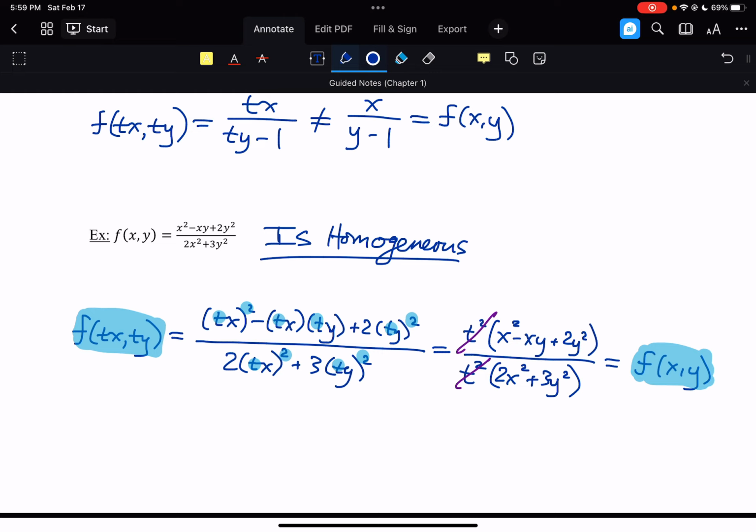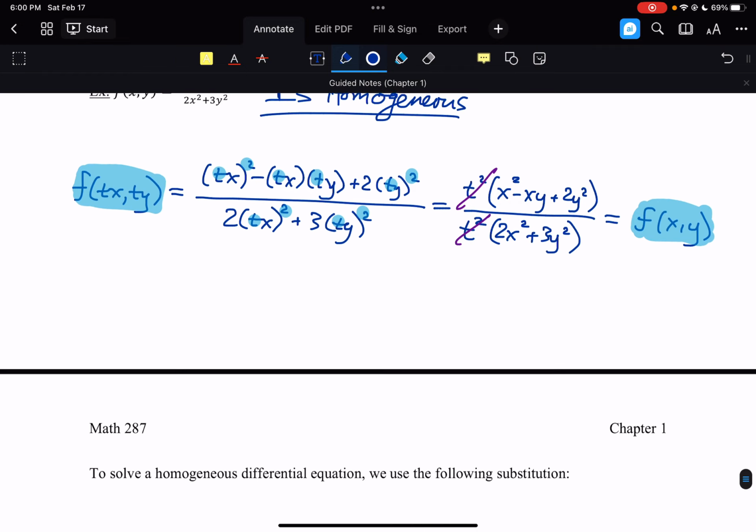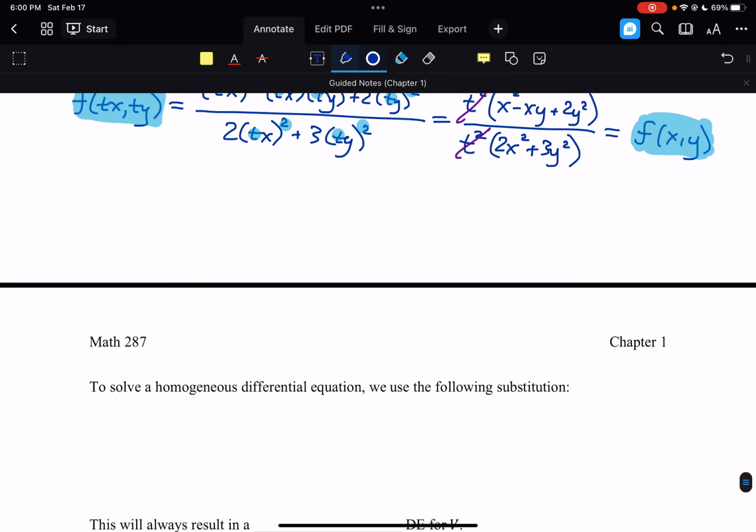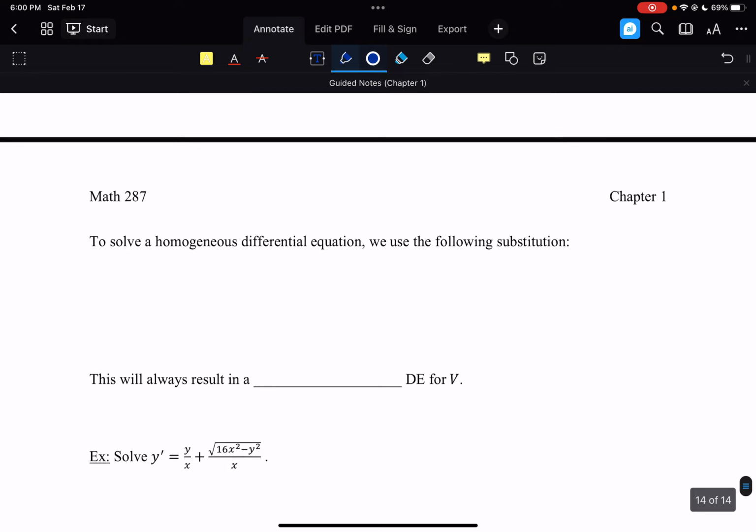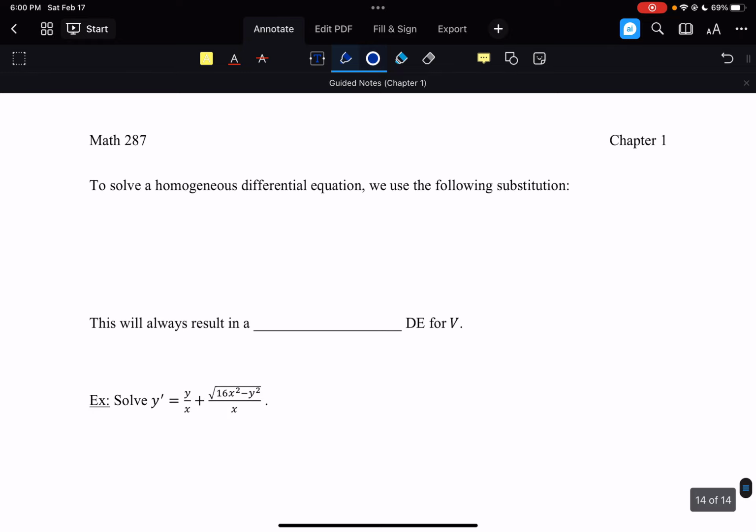So if we had this function set equal to a derivative set in a differential equation, we could actually use the process that we're about to describe. So if we are trying to solve a homogeneous differential equation, we use the following substitution.